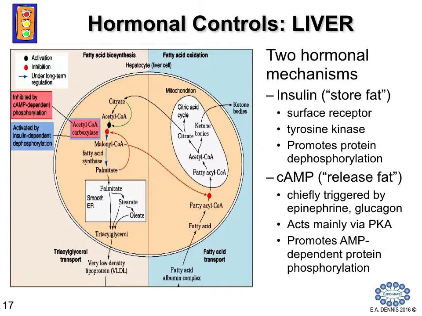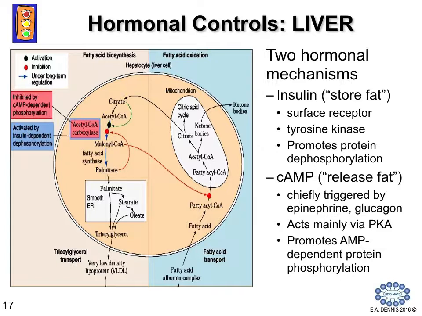In contrast, insulin activates the dephosphorylation of acetyl-CoA carboxylase, causing the increased activity of acetyl-CoA carboxylase, and this leads to the promotion of the synthesis of fatty acids through the fatty acid synthase system, and leads to the storage of fat.